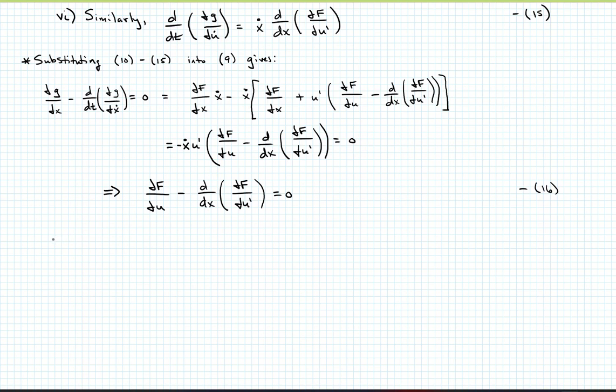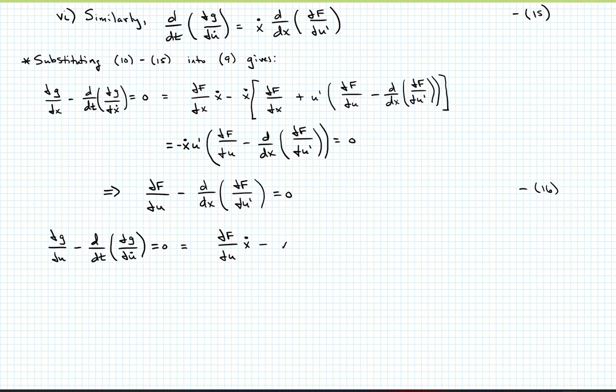That second equation in equation 9 looked like partial of g now with respect to u minus d by dt partial of g with respect to u dot. That equals 0. So let's make our substitutions now. That first term looks like partial of f with respect to u times x dot, right?